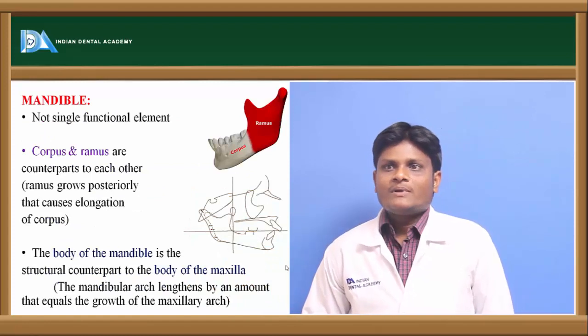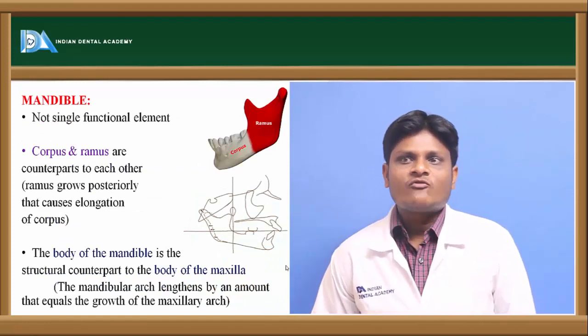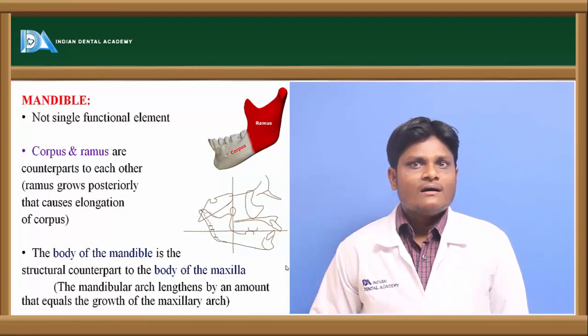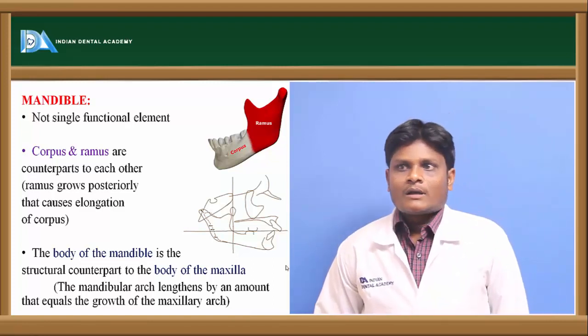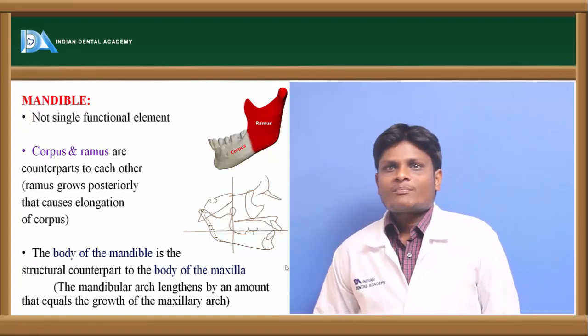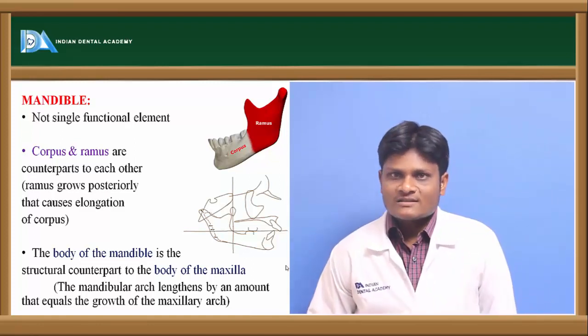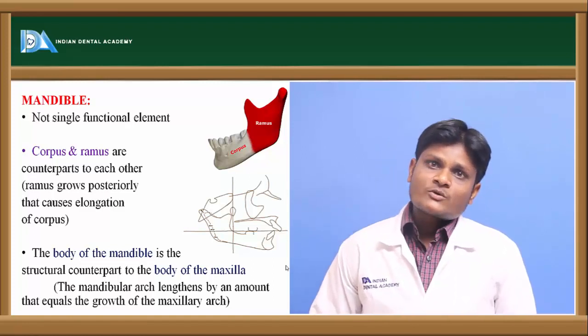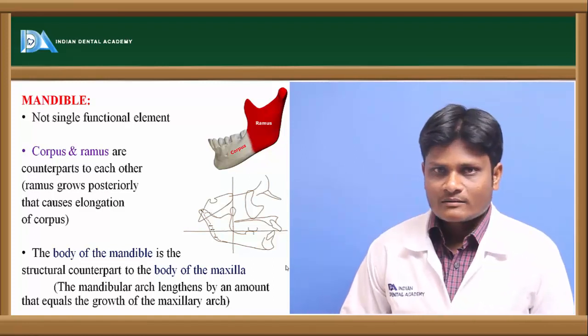When you take a mandible, it is not a single functional element. It has a corpus, or body, and a ramus. Now, the ramus and the corpus are counterparts to each other within the mandible, and the mandibular body is the counterpart to the maxillary body.